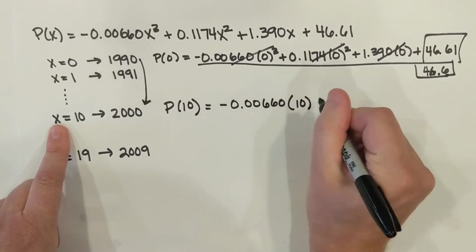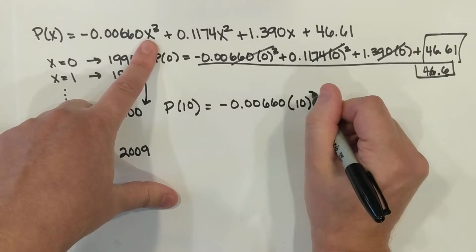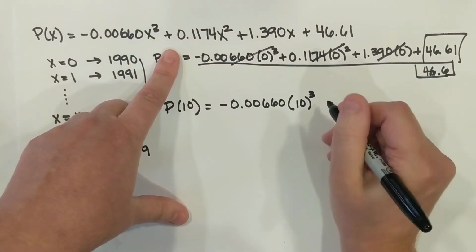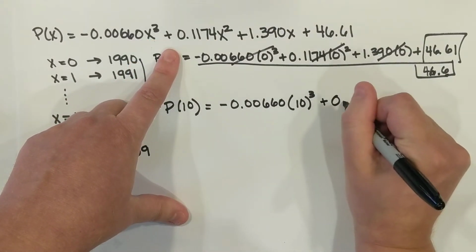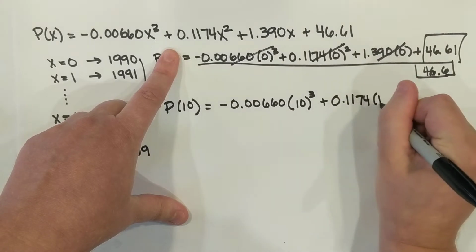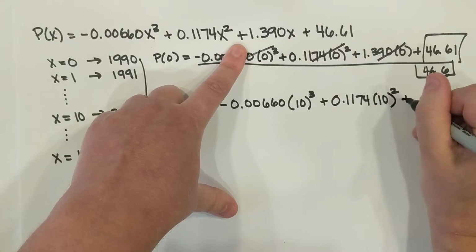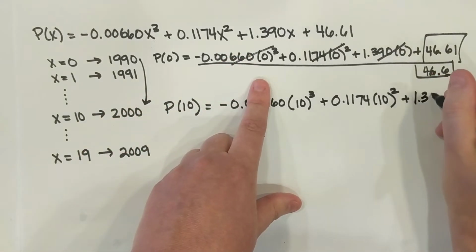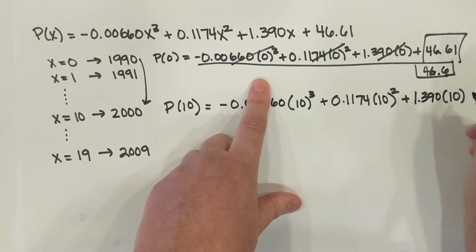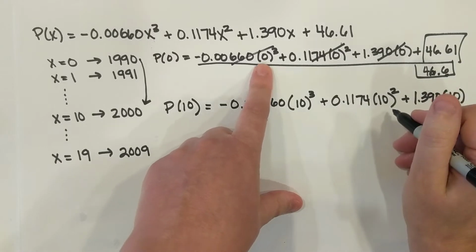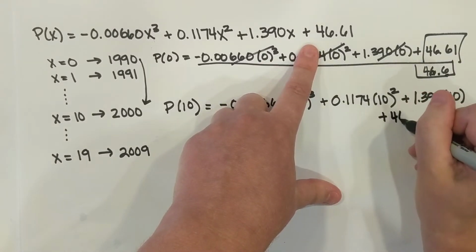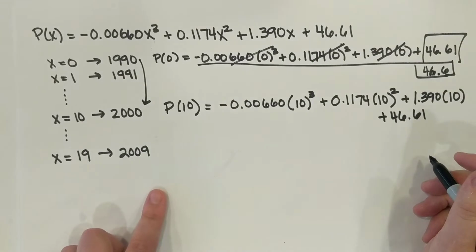Okay, put 10 in where that x is up here. So that'd be 10 cubed plus 0.1174, plug in 10 for that x, that'd be squared. Then plus 1.390, plug in 10, and then plus that 46.61.